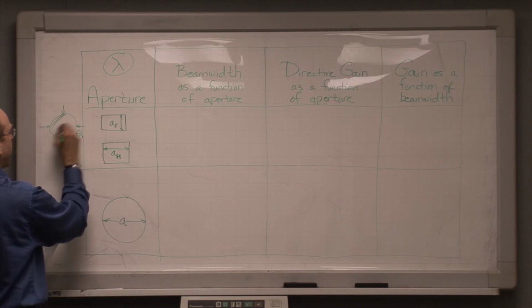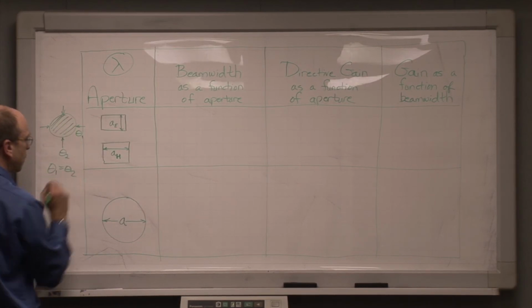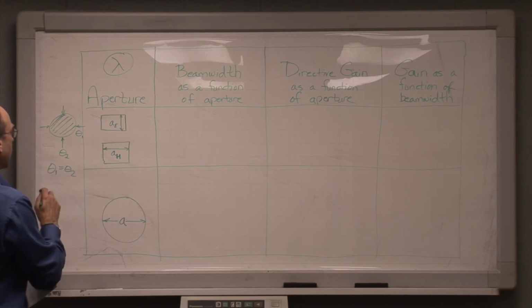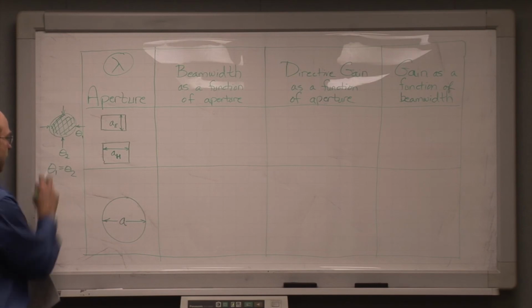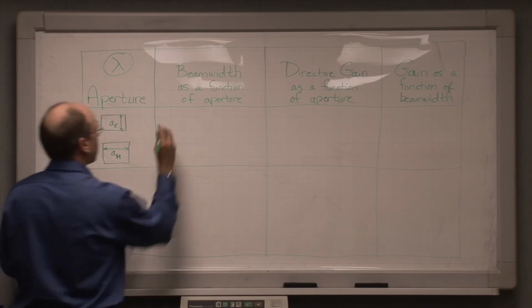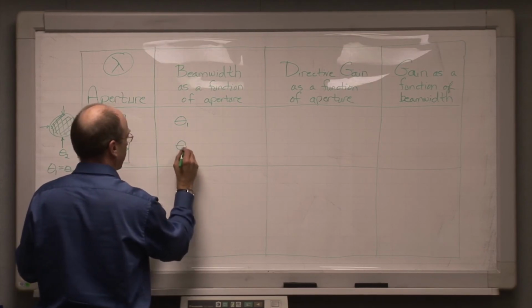If the beam has a circular cross section, then theta 1 is equal to theta 2, but it doesn't have to have a circular cross section, and theta 1 doesn't have to equal theta 2, but the area of the beam is basically going to be the product of these two. We could go through the math on this, but we're not going to.